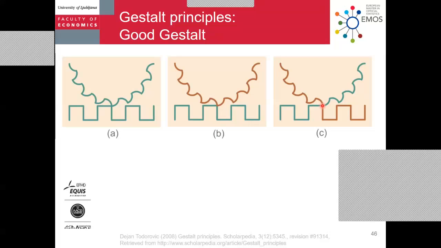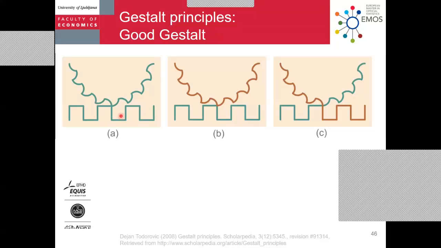And it says that, let's say, if I simplify it a little bit, the global form takes precedence over local reactions. So it doesn't really matter how these elements touch here. If this is one good simple pattern and this is another pattern, then we will see them first, regardless of this connection.